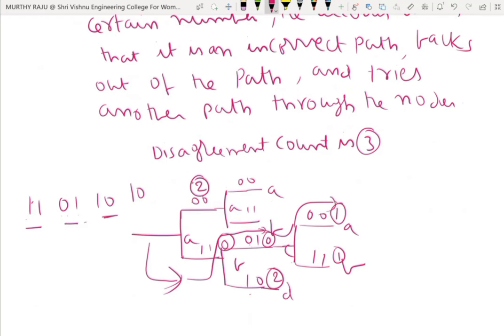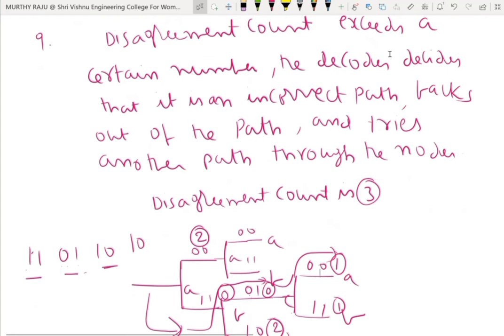In this way, if you get a discrepancy count of 3, that exceeds the threshold level. If the discrepancy count exceeds a certain number, the decoder decides that it is an incorrect path, backs out of the path and tries another path through the nodes. Suppose here the discrepancy count is 3. The decoder comes back to another path and follows it.